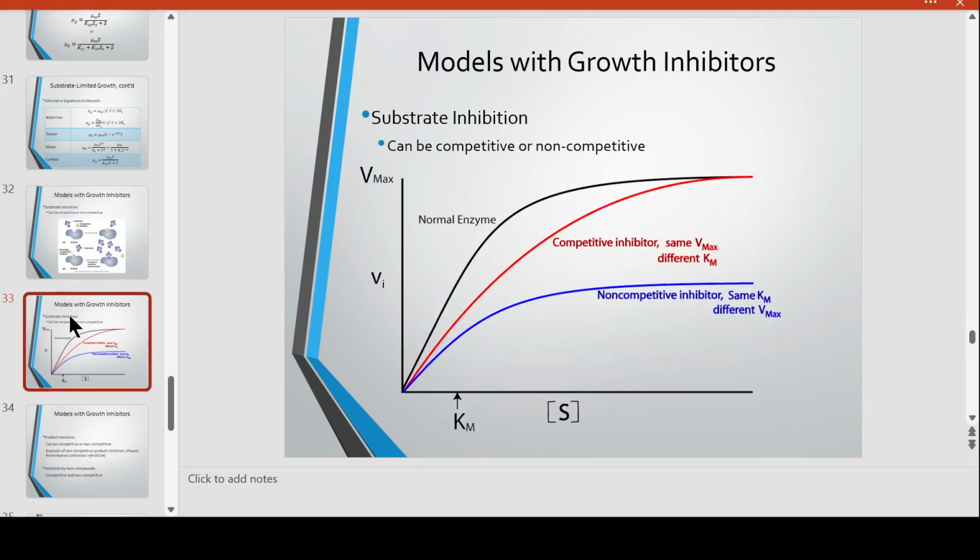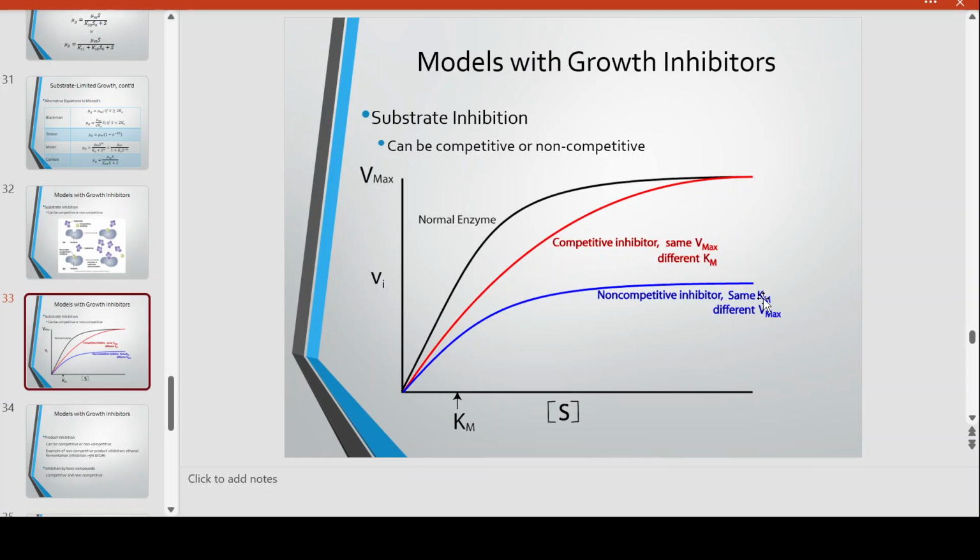So here are some models with growth inhibitors. This can be explained by the simple Michaelis-Menten model. Here is the normal enzyme, but with a competitive inhibitor you have a different Km but the same Vmax, and with a non-competitive inhibitor you have the same Michaelis constant and a different Vmax.